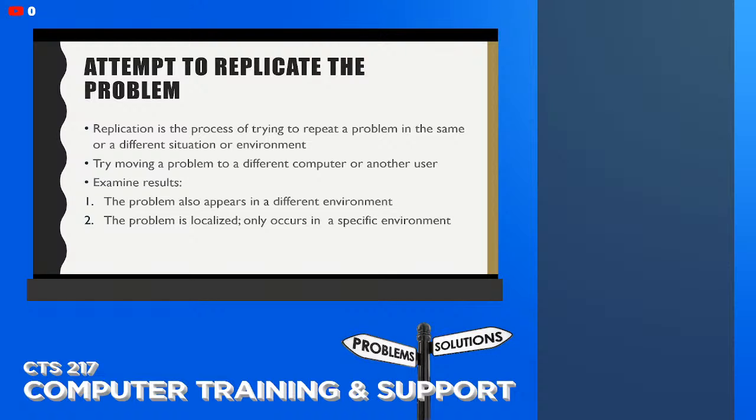If it will happen on my end and I can determine that it's something that I can fix, then I'll fix it. If I can't get it to replicate on my end, I have to figure that it's probably something on your end, and you should probably go to the help desk and get that computer training and support there. So this attempt to replicate the problem can prove incredibly valuable to us.